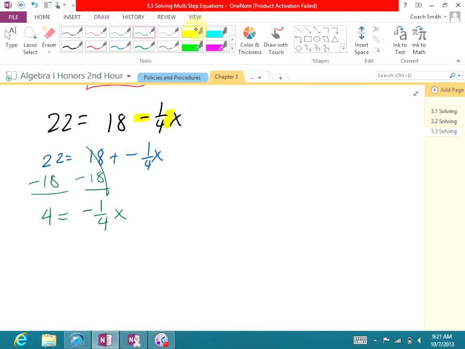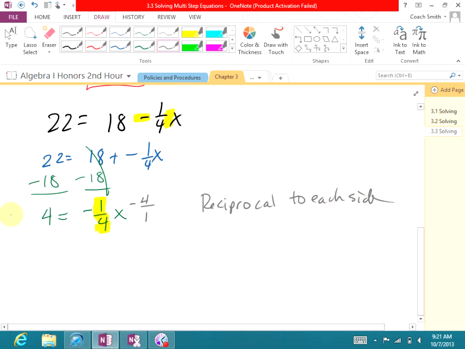Okay? So I have a fraction in front of the variable. So what do I do when I have a fraction in front of the variable to solve it? Do the reciprocal. We multiply both sides by the reciprocal of negative 1/4, which is negative 4 over 1. Okay? So we're solving by multiplying by the reciprocal.